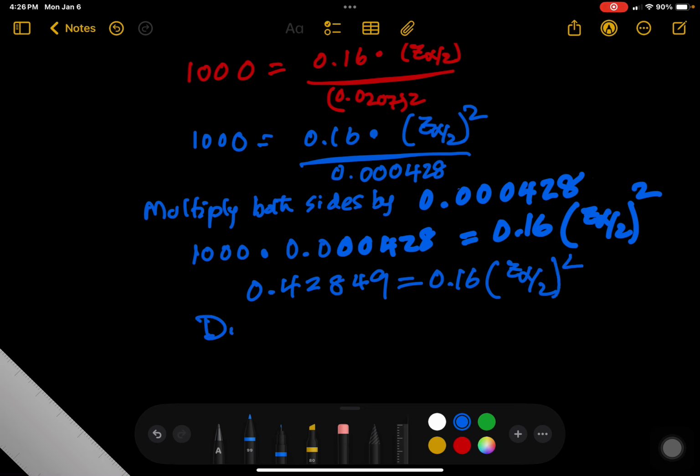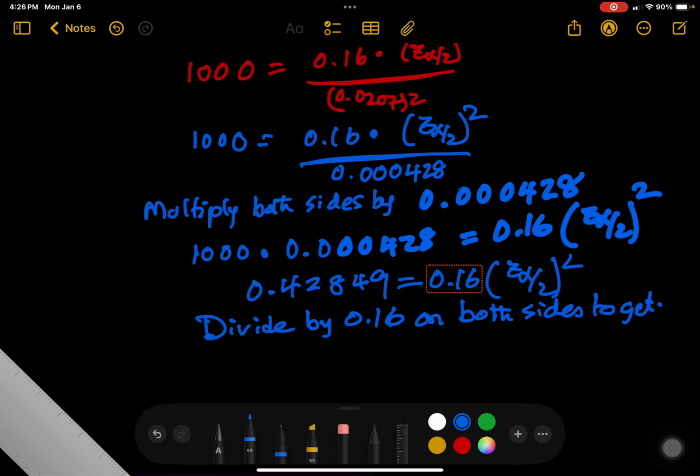Now divide by 0.16 on both sides to get 0.428 divided by 0.16 is equal to Z alpha by 2 squared.